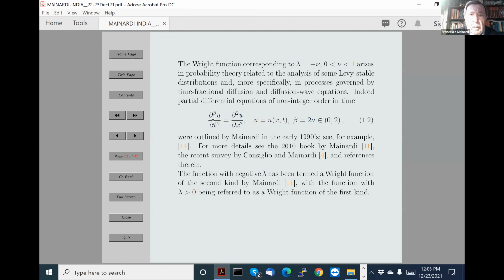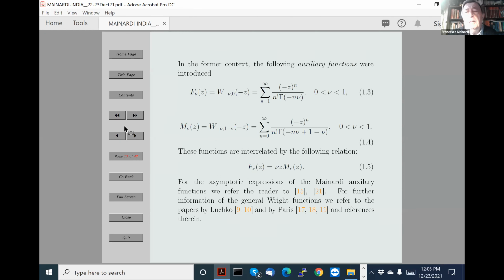The function was termed the Wright function of the second kind when lambda is negative. And at that time, in the first years of the 90s, I worked independently, of course, because my source was only, and I repeat, chapter 18 of the third volume of the Bateman project, where we can see that the first parameter is always positive in their definition.